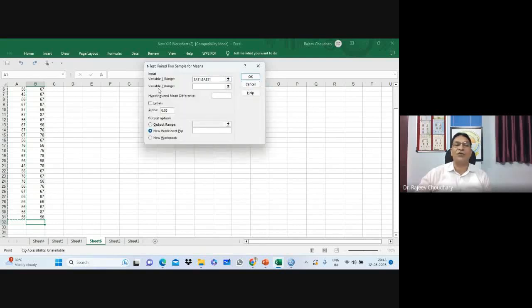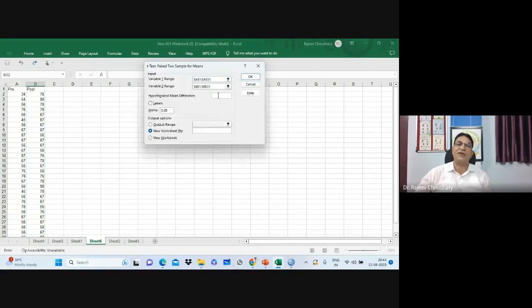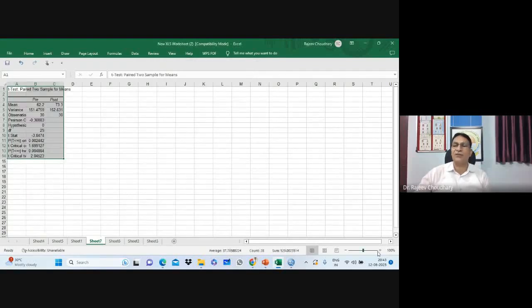Then click on the arrow in front of the Variable 2 Range. Select all the scores of the post-test. Again click on the same arrow, in the same manner as we did in the independent t-test. In the same way, we have to select these labels. Click on OK. The results will be in front of you.